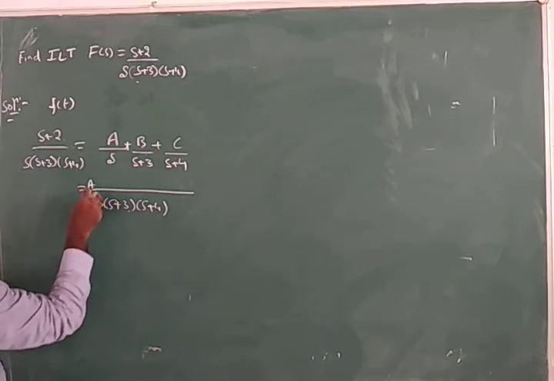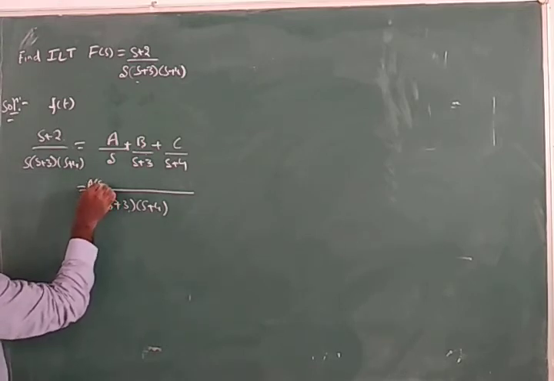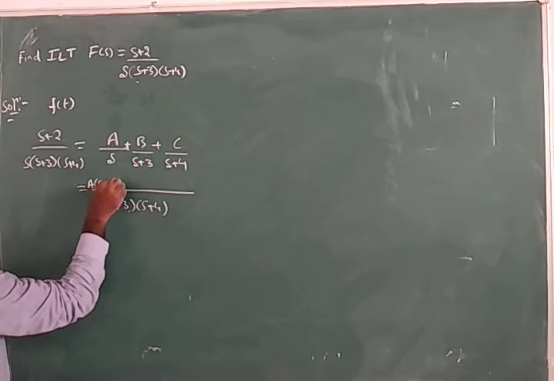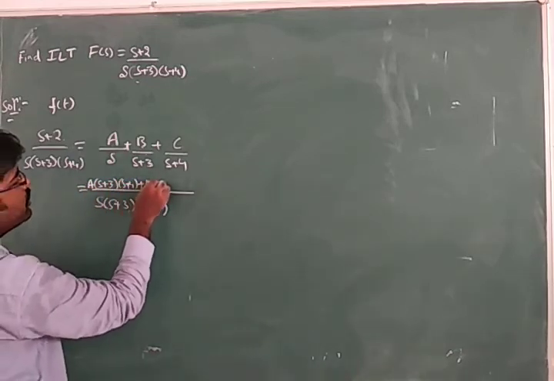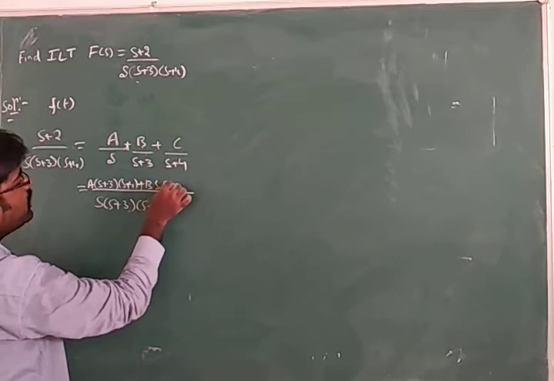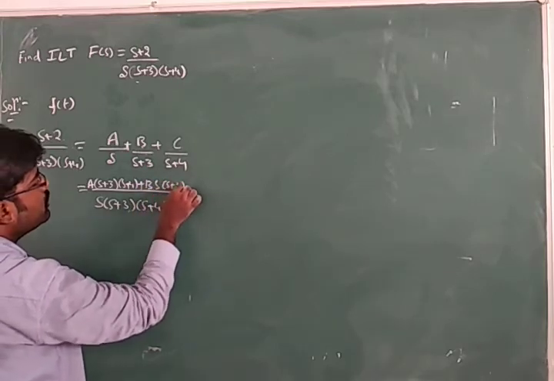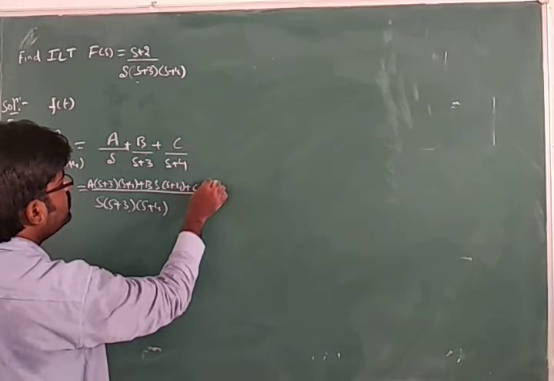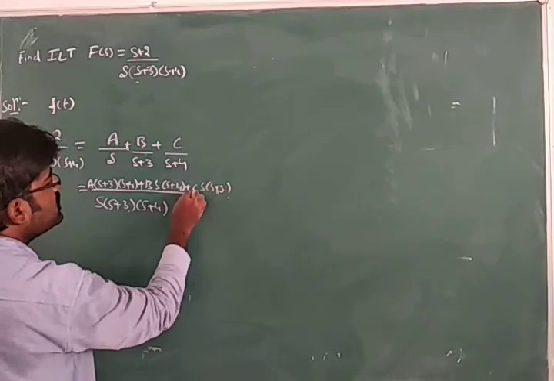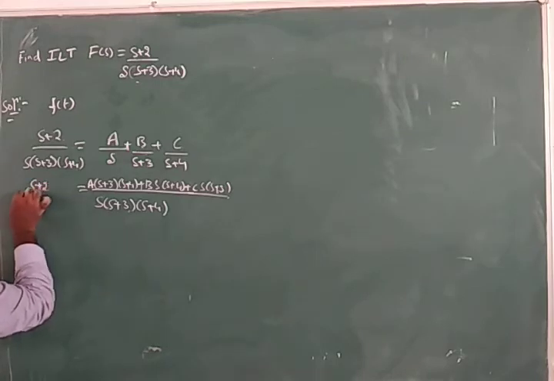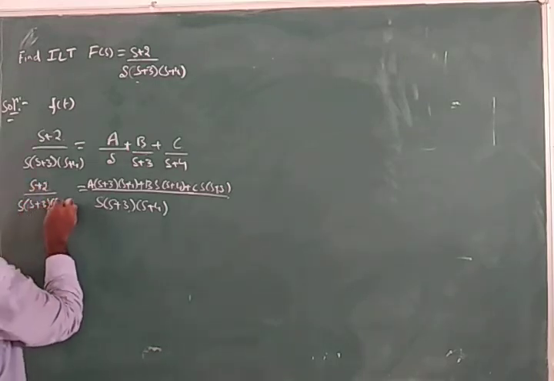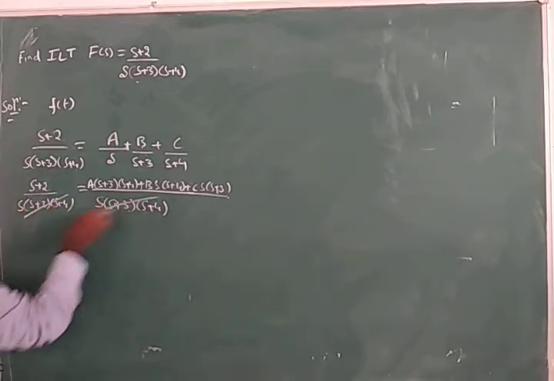What remains on the numerator? A into s gets cancelled, so A into (s plus 3)(s plus 4) plus B into s into (s plus 4) plus C into s into (s plus 3). This is what we get in the numerator, and on the left hand side, s plus 2 is equal to (s plus 3) into (s plus 4), this gets cancelled.